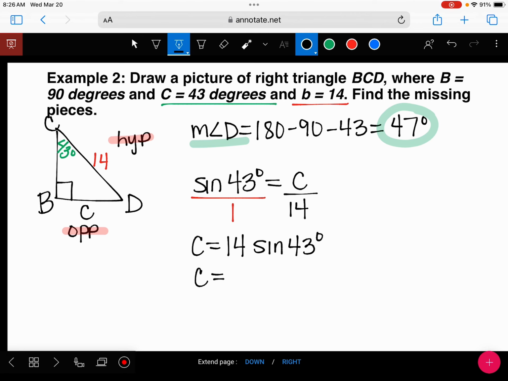So what do you get for 14 times the sine of 43? 9.5. Raise your hand if you got 9.5. Okay. So we got C, and now we just need to find side D. Side D is adjacent.